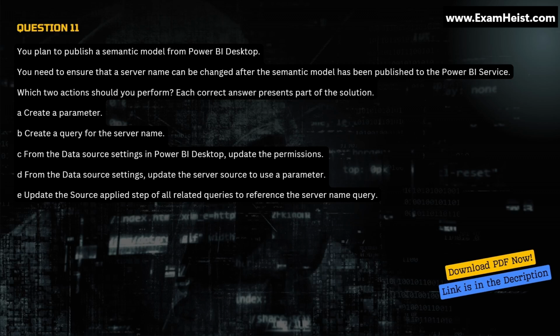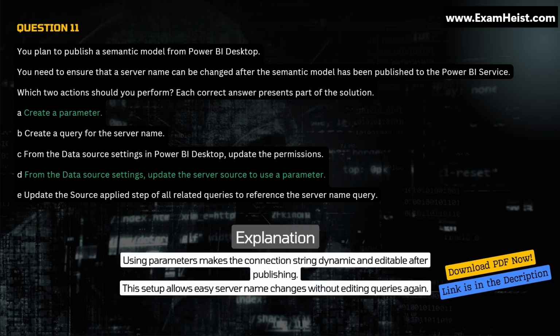D. From the data source settings, update the server source to use a parameter. E. Update the source applied step of all related queries to reference the server name query. Correct answer is A and D. Explanation. Using parameters makes the connection string dynamic and editable after publishing. This setup allows easy server name changes without editing queries again.